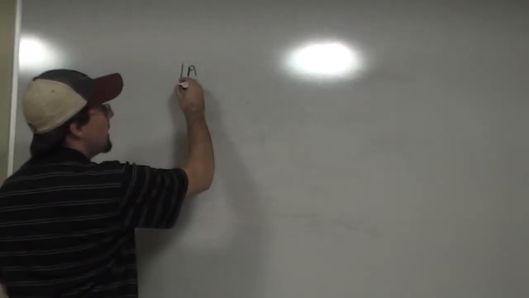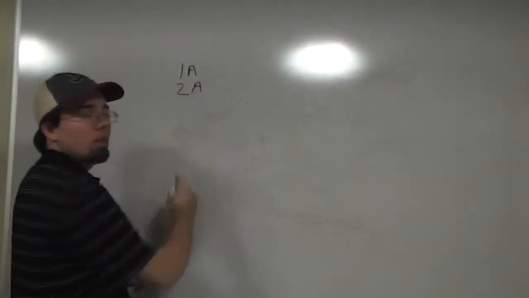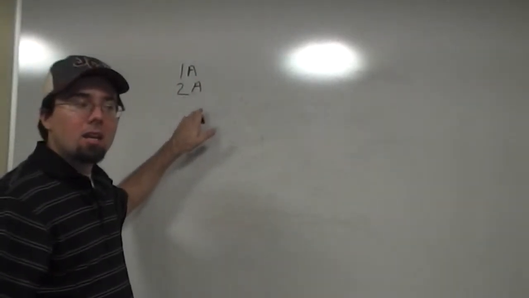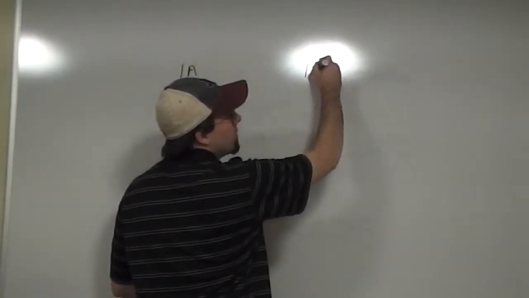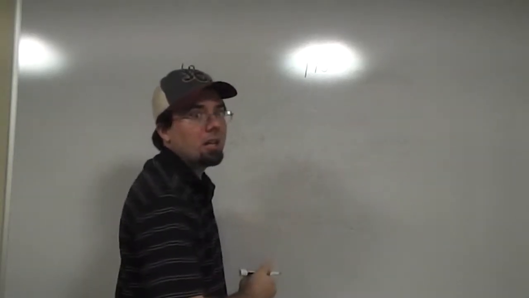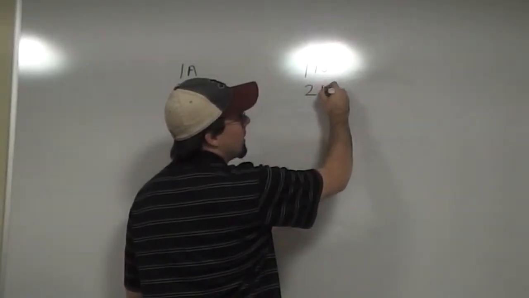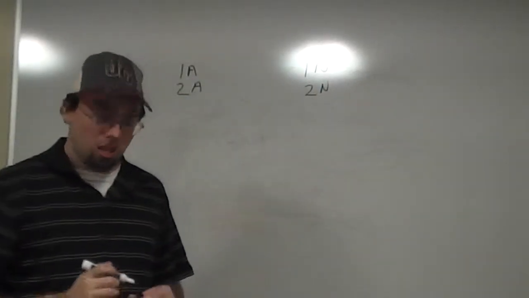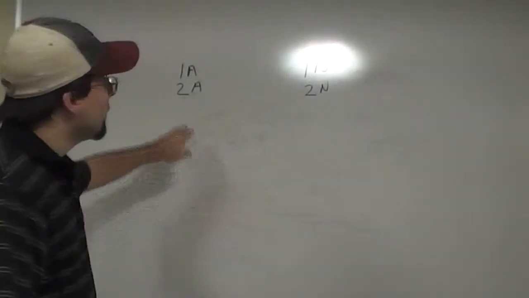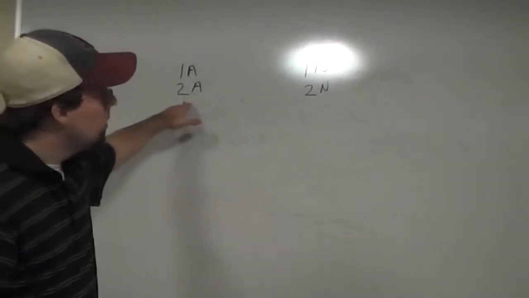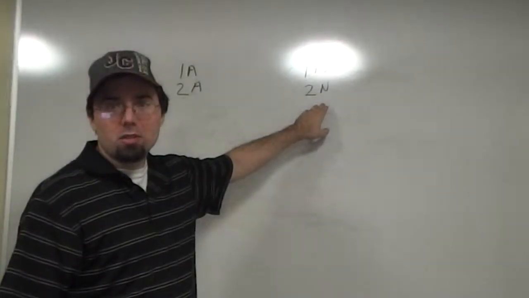There will also be a 2A, which stands for second affirmative. There will be a first negative, or 1N, and there will also be a 2N, or second negative. And the affirmative team will be debating against the negative team.